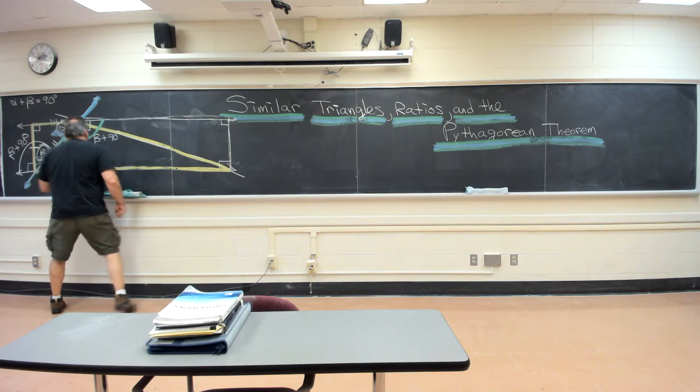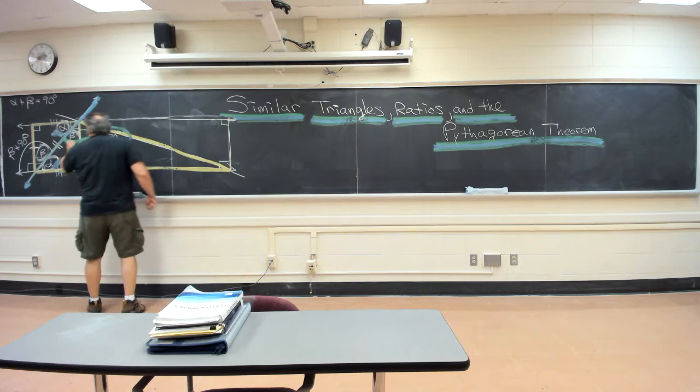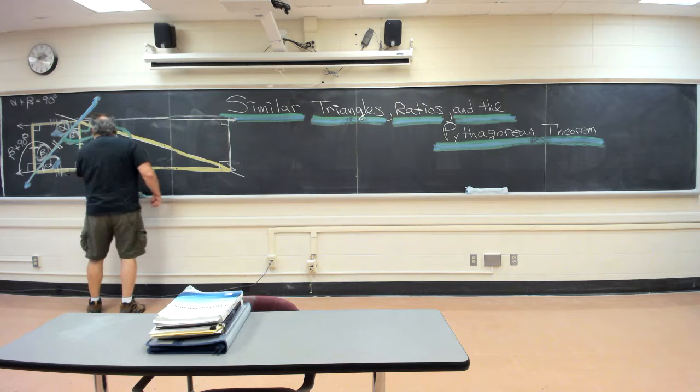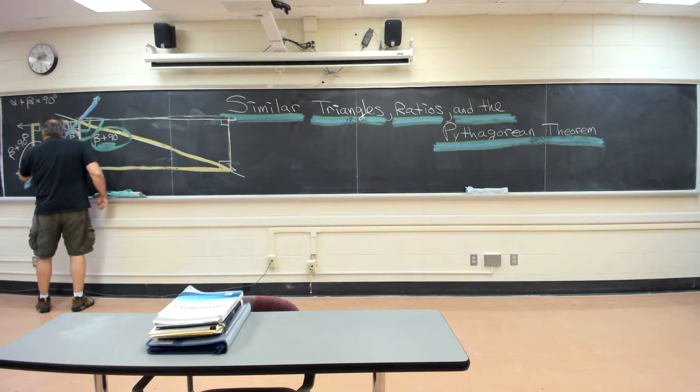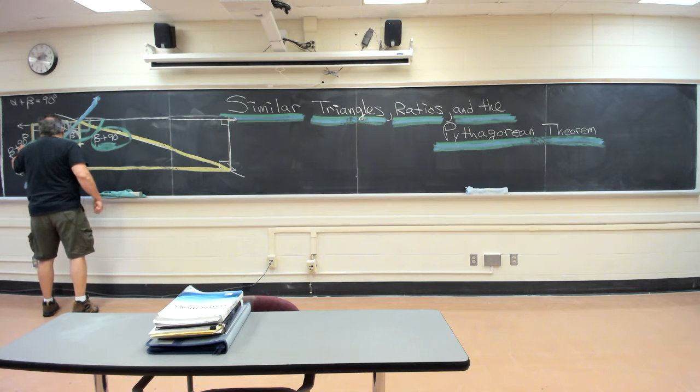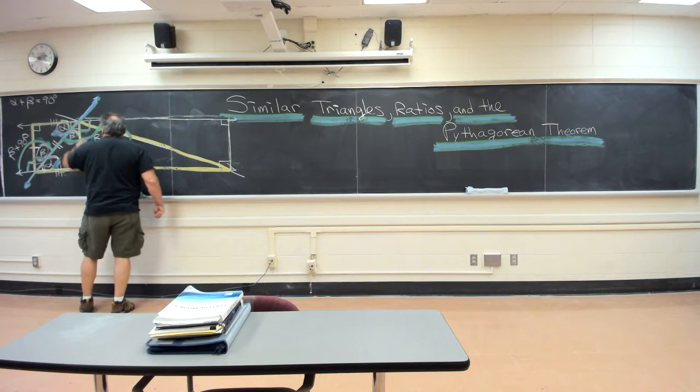That right there, which is beta plus 90, because here's the beta, here's the 90, and the whole thing is beta plus 90. Well, beta plus 90, whatever it may happen to be, is the same as beta plus 90.